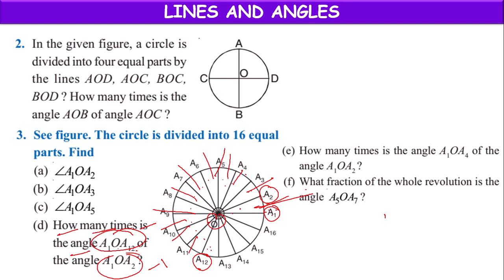So actually this A1, O, A2 value is 22 and a half.